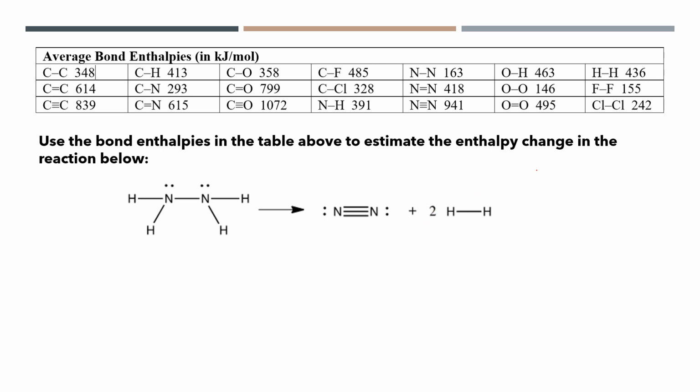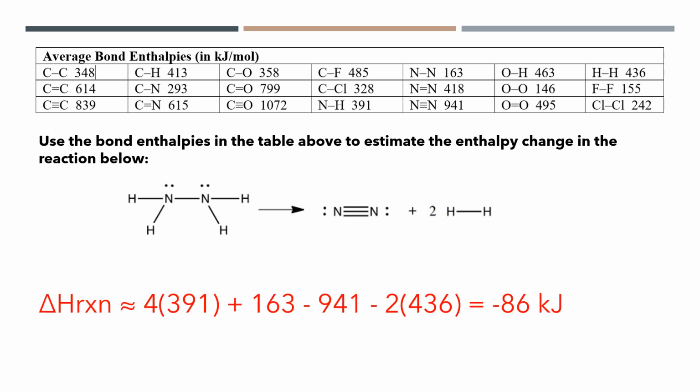I have our answer on the next slide. This will be our answer because we are breaking 4 of these nitrogen-hydrogen bonds, 1 of the nitrogen-nitrogen bonds, and then we're breaking 1 of the triple nitrogen bonds. That's why we have a negative in front of there, because we're forming the bond, so it's going to release energy. And then 2 of these, so we have a 2 in front of it.